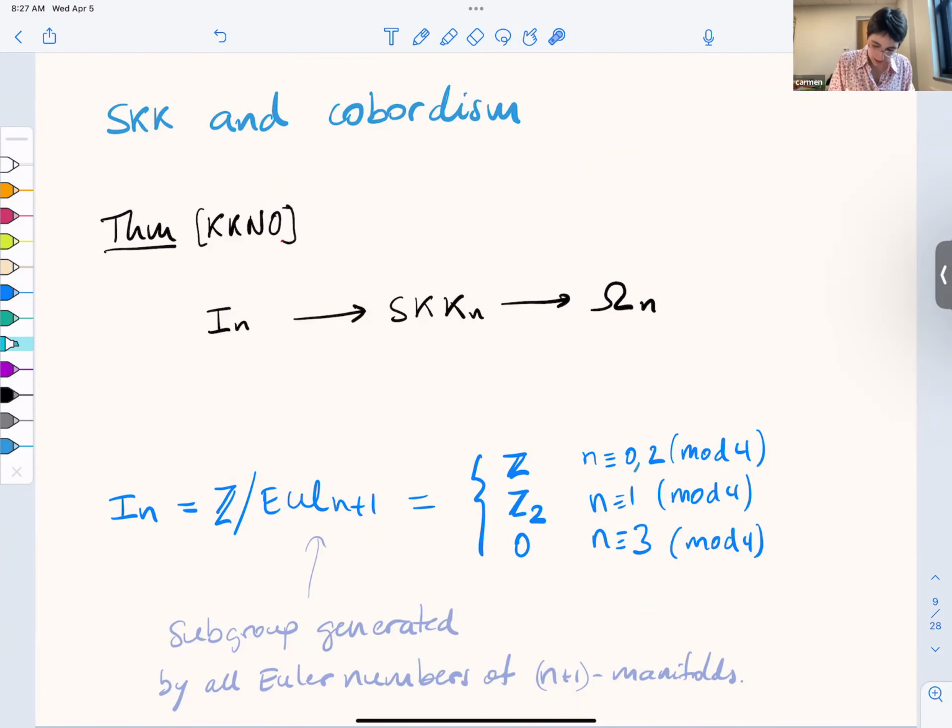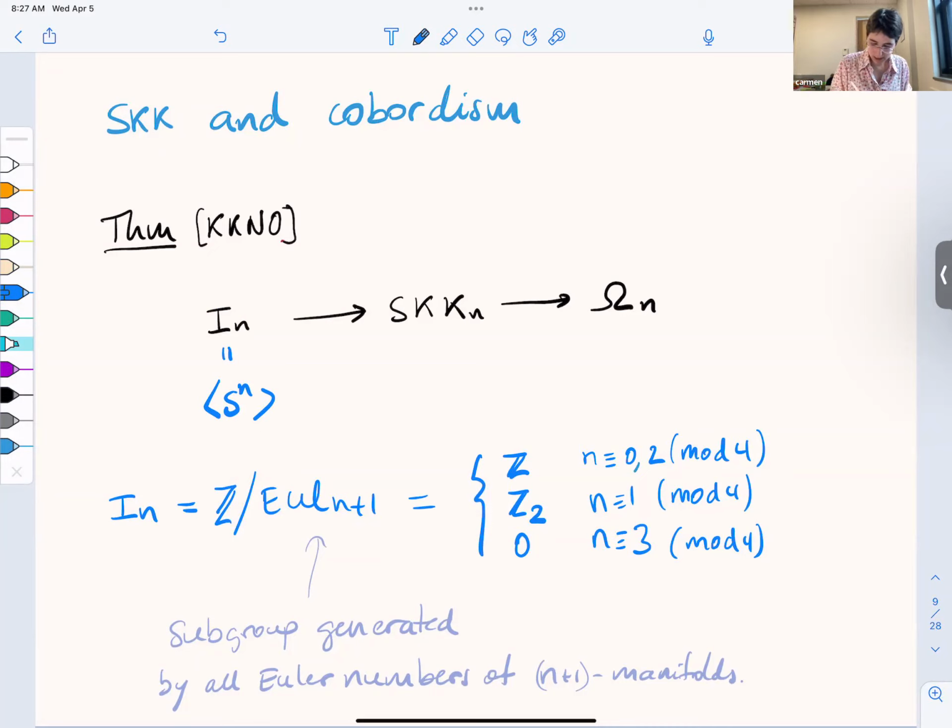So what things in SKK are going to go to 0 in bordism? Well, that's this kernel over here that's computed. And that can be interpreted as something generated by spheres. It also arises from homotopy theory. There are many explanations of why this kernel is what it is.